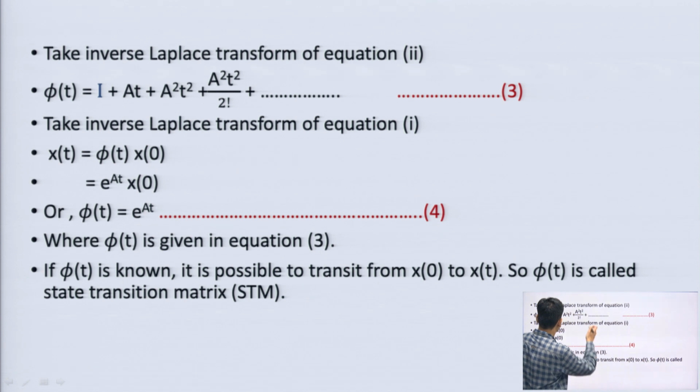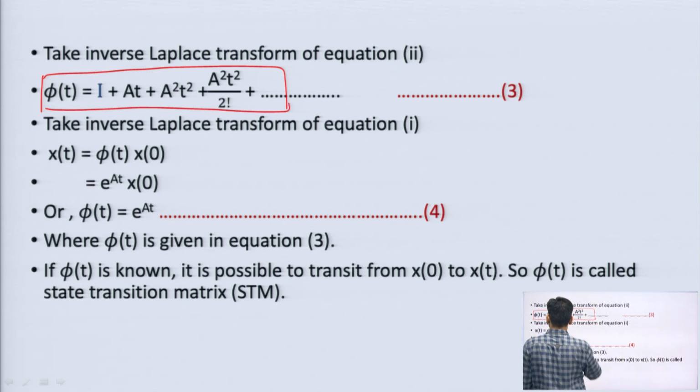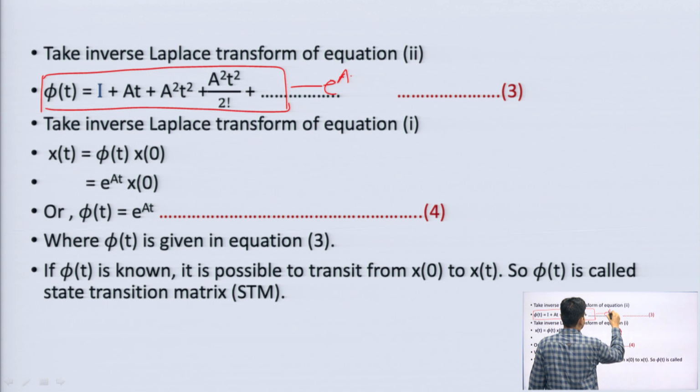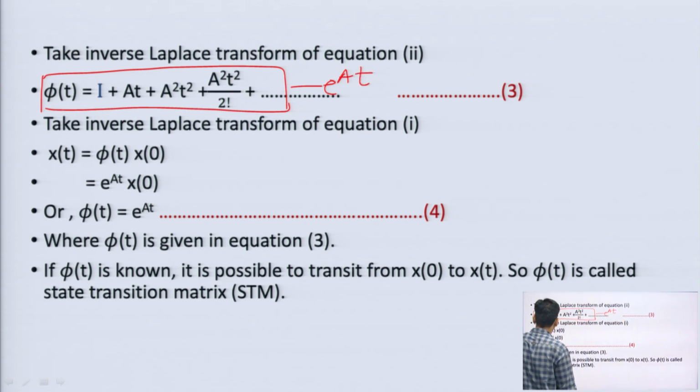If I take the Laplace inverse of the above series, I will get this expression, and solving it gives me an exponential function, that is e to the power A t. So, if I take the Laplace inverse, I will get phi(t), and this is given as e to the power A t x(0).